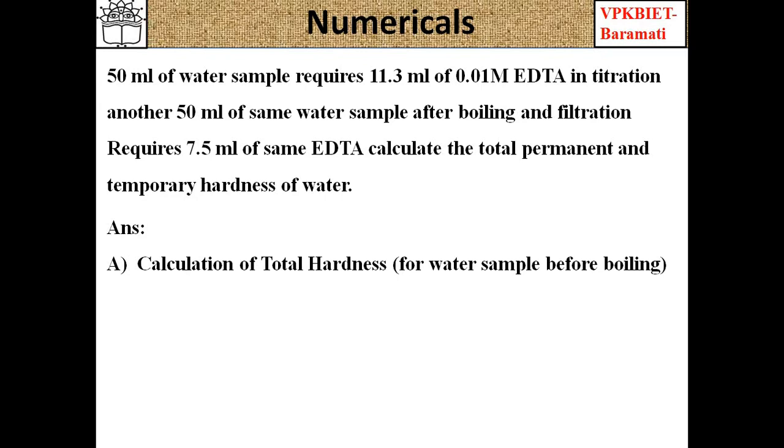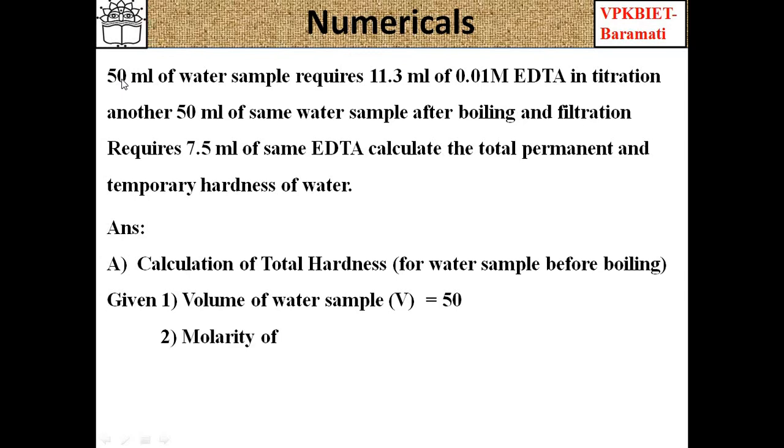How are we going to calculate the total hardness of water? We are going to take the reading for the water sample before boiling. So what is given? Given number 1 is the volume of water sample, V1, which is 50 ml.